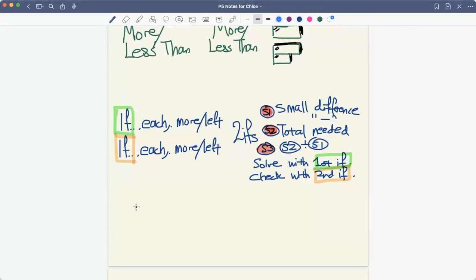So for example, a fraction of another fraction. One fraction of another fraction.